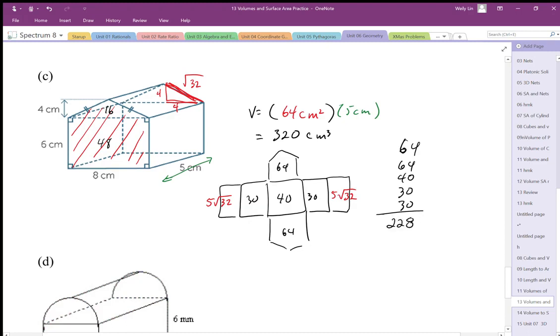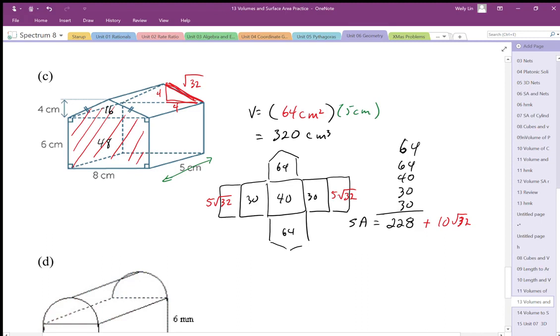Okay, and then the square root areas are going to be 5 and 5, so it's going to be 10 square root 32. As a decimal approximation, that is perfectly fine. In fact, exact values are much better. So that's my surface area in exact value.